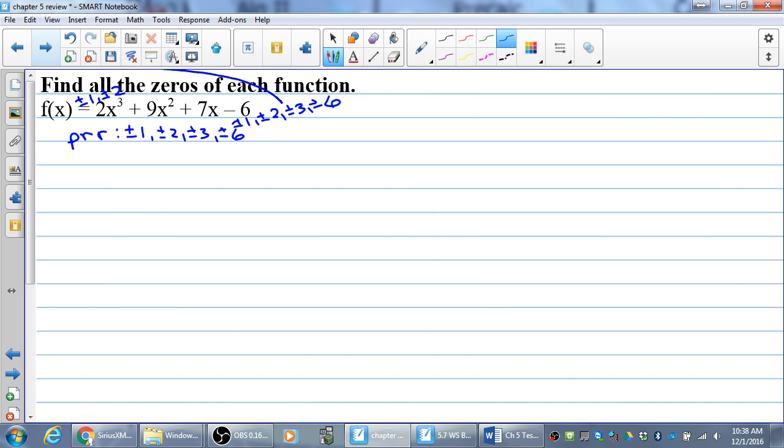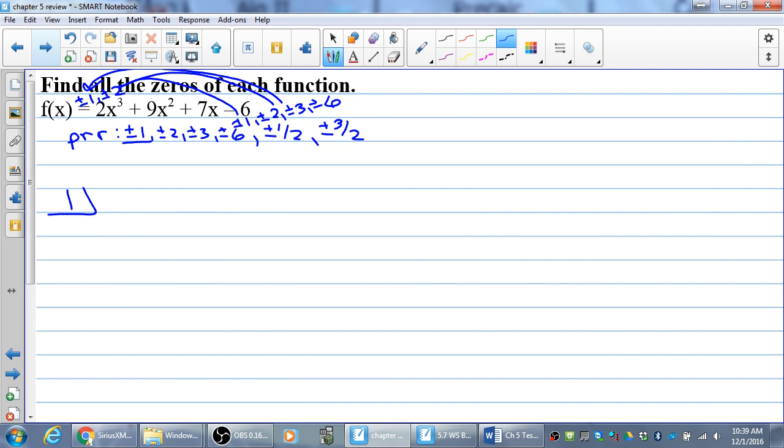That's all of those over 1. Those are possibilities. And then all of those over 2, and those create a few more, like 1/2. 2 halves is 1, already have that. 3 halves is a new one. And 6 over 2 is 3, already have that. So it just really creates a couple more new ones. It doesn't create 4 new ones.